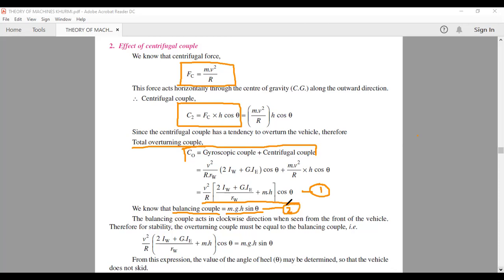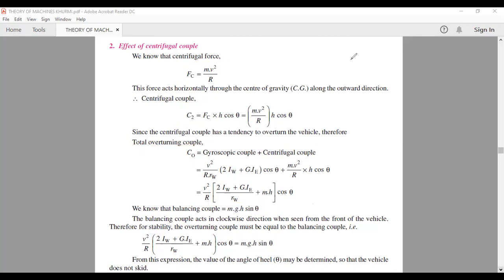Next, for the last step, we are going to balance these two sections, that is overturning couple as well as the balancing couple. So by equating, we get a value of theta.